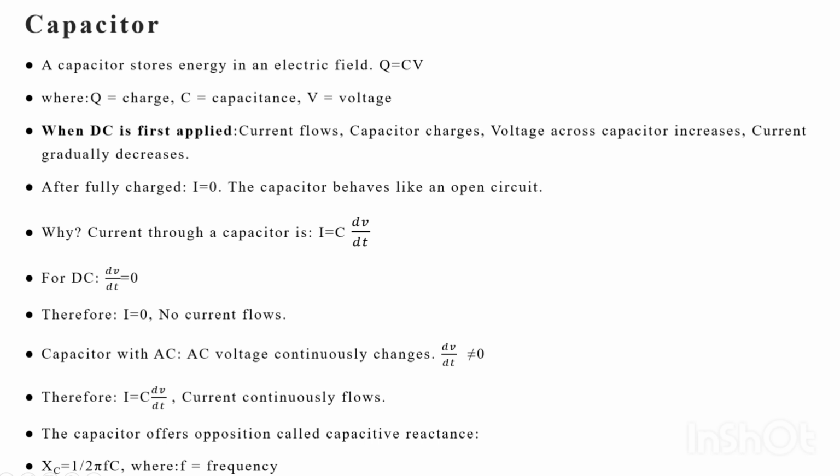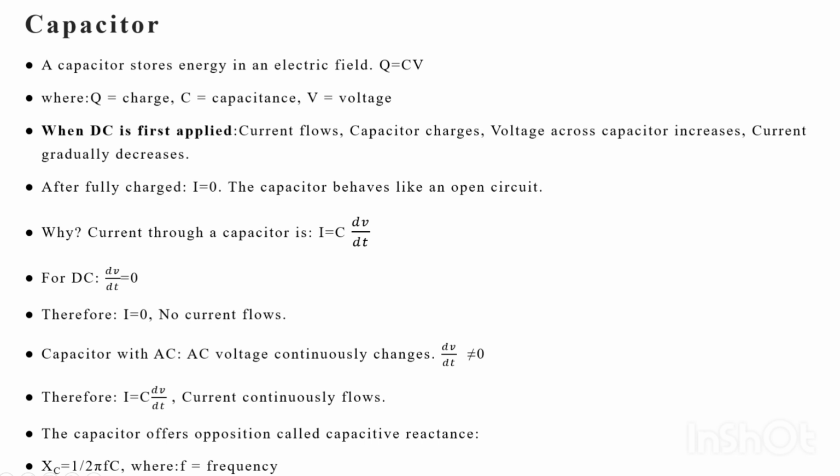If I'm going with a DC source, what actually happens inside the capacitor is that the current starts flowing, the capacitor starts charging, and the voltage across the capacitor increases. At a point, the current starts decreasing gradually.